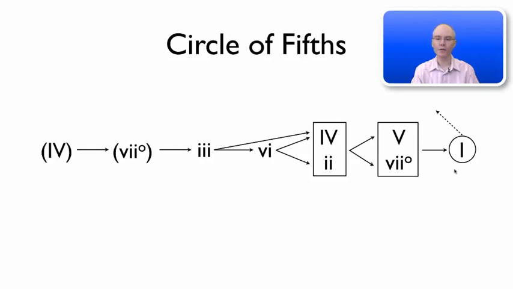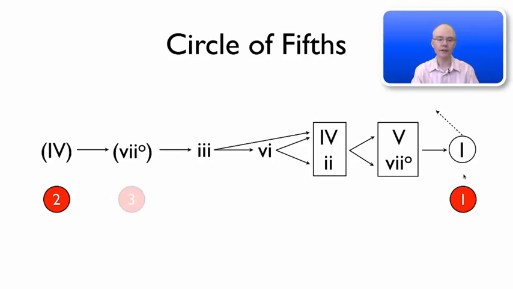So what happens? Well, what we actually see here, if we go from all the way left to all the way right, is that we can see a circle of fifths progression. We start on 1. Then the next thing we have is the 4 chord. We go down a fifth, hence the name, circle of fifths. We go down a fifth to the 4 chord.